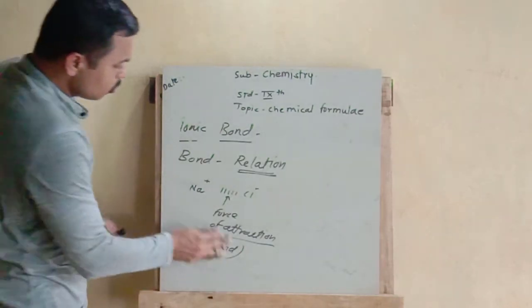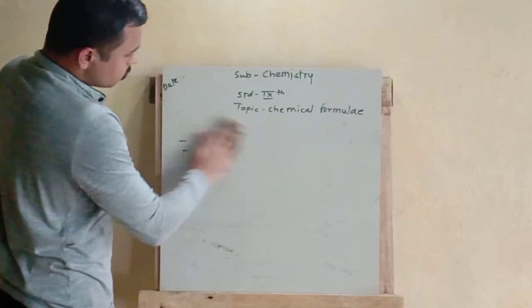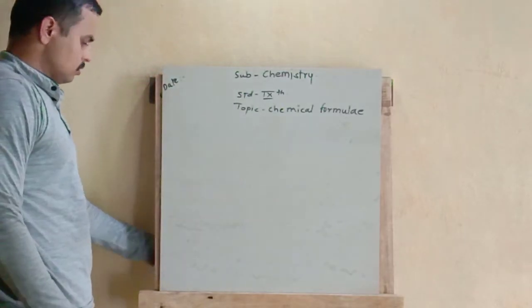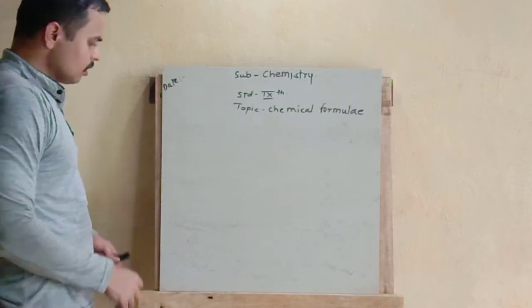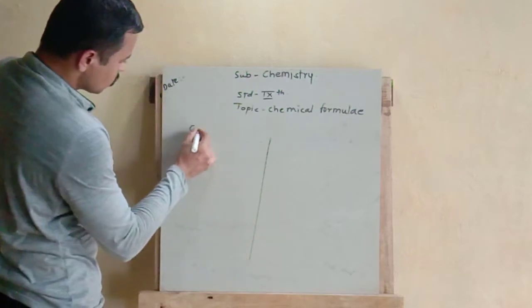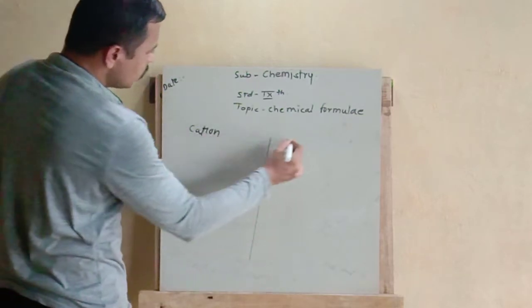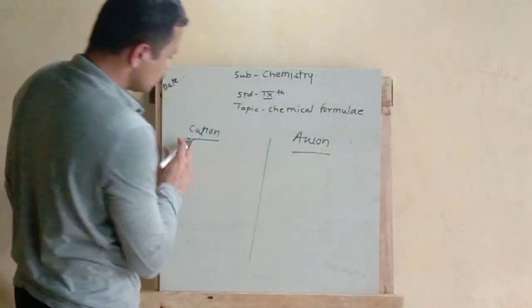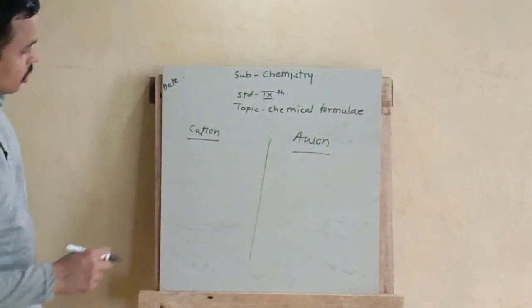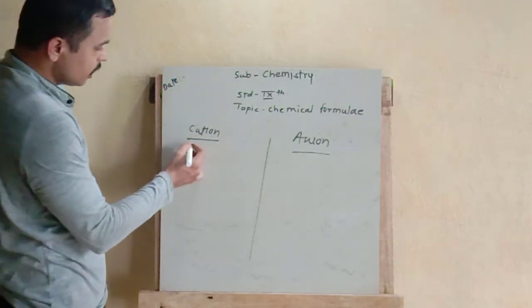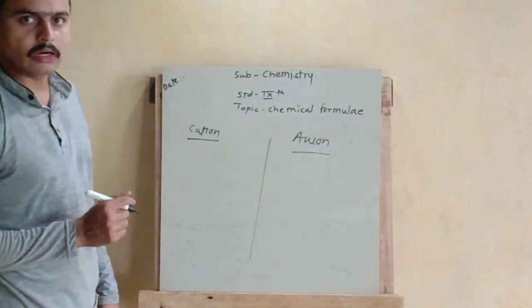Now I am going to give you the list of some cation and some anion. Just now I told you about cation. So what is cation? That species which has a positive charge, they are called as cation.